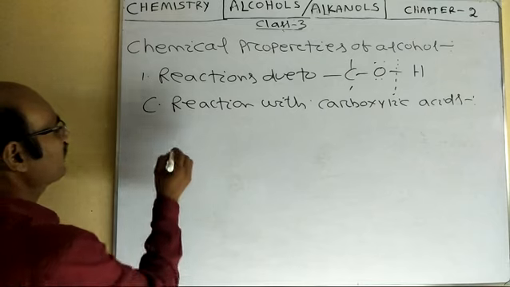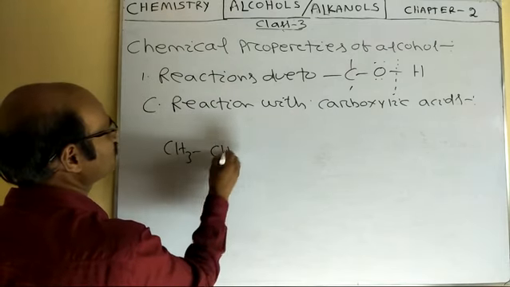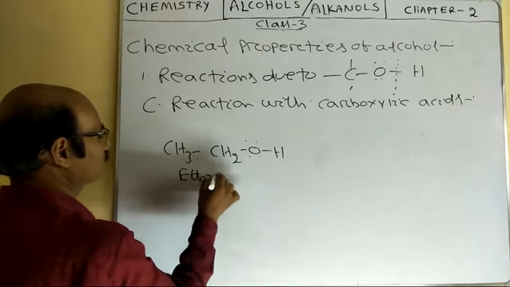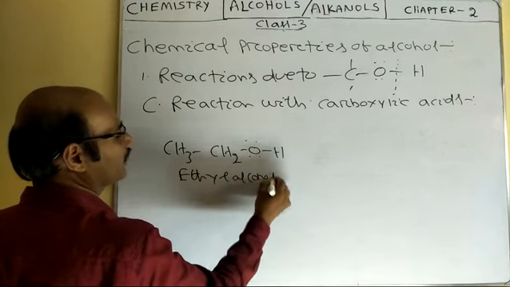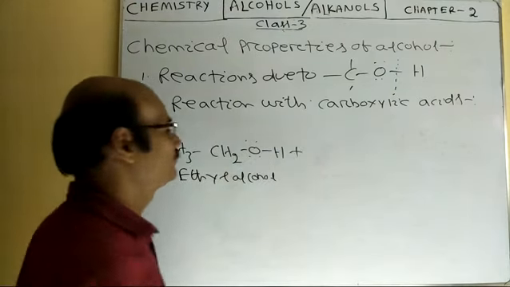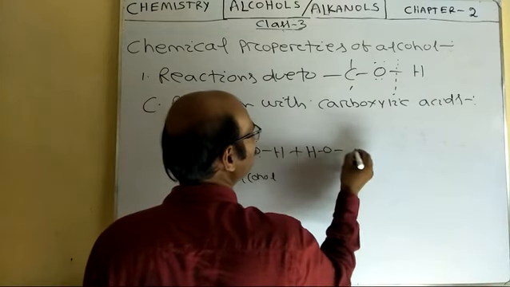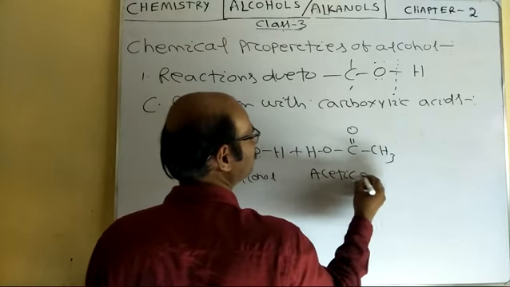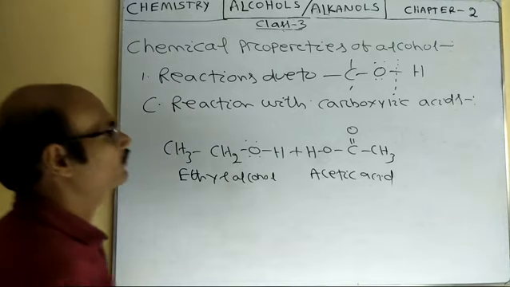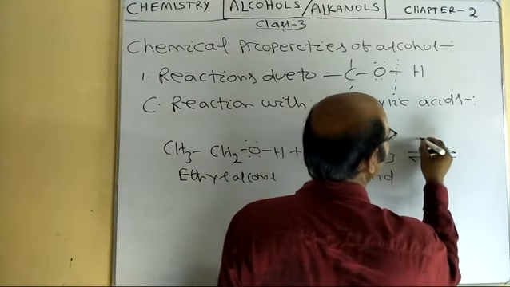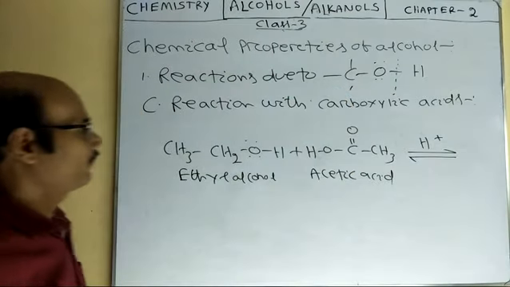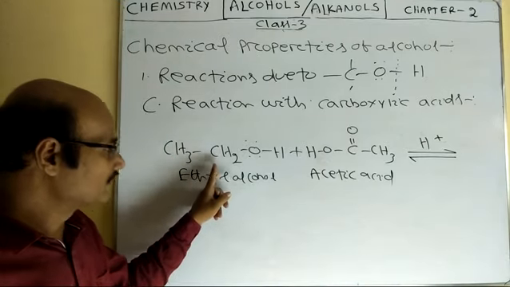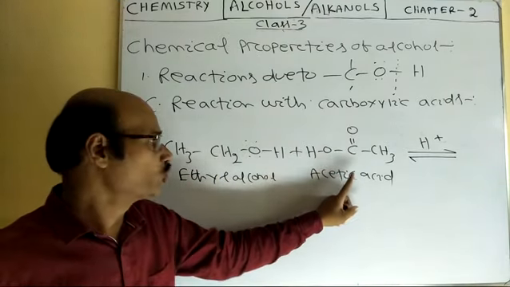Now see, if I take CH3CH2OH, ethyl alcohol, plus a carboxylic acid, HO-C double bond O-CH3, called acetic acid, in the presence of H plus, a mineral acid, alcohols react with carboxylic acid to give what?